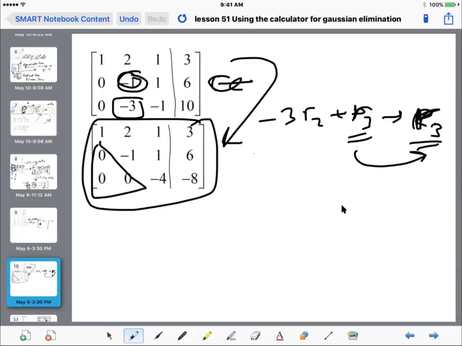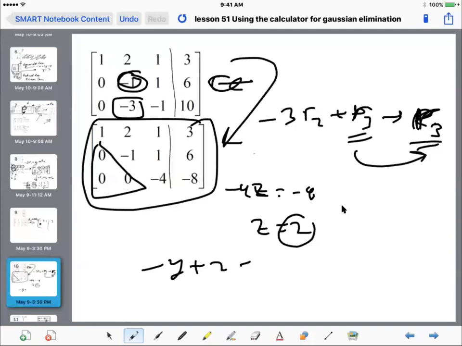And now I could turn it back into the system of equations. -4z equals -8, or z equals 2. Minus y plus z, which was 2, equals 6. So I'll just say y equals -4.